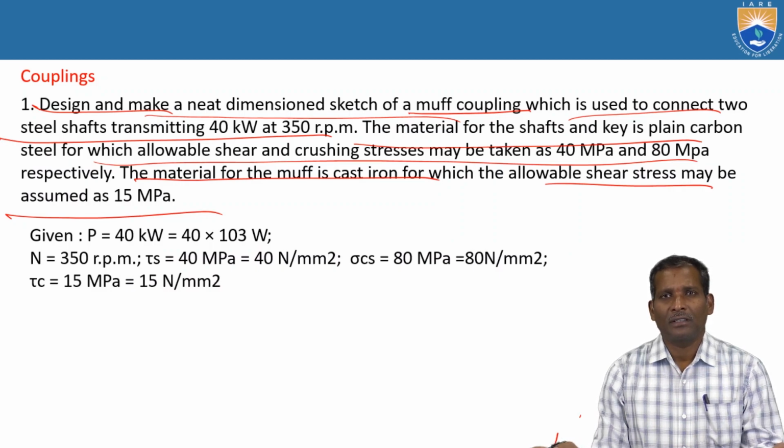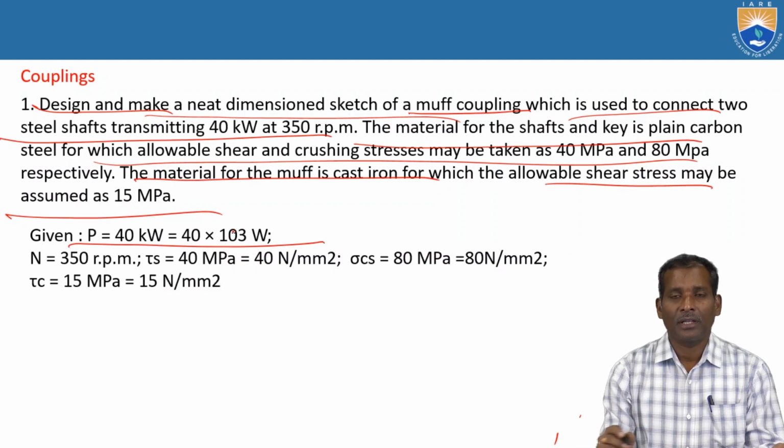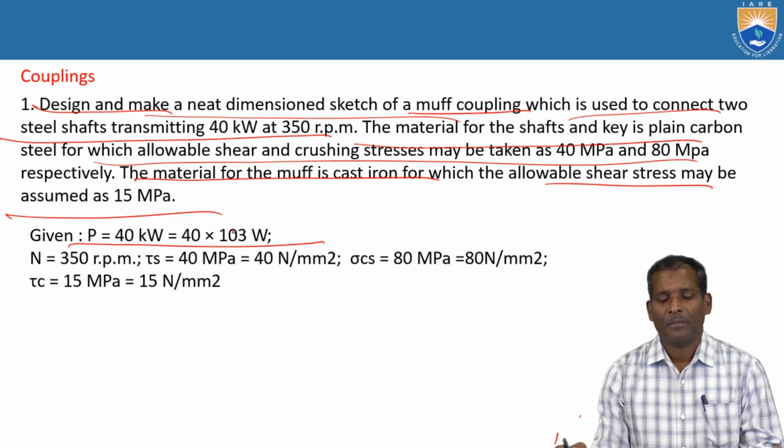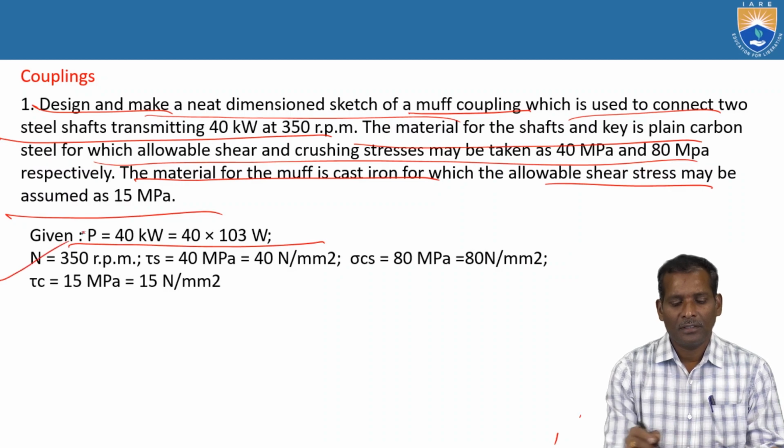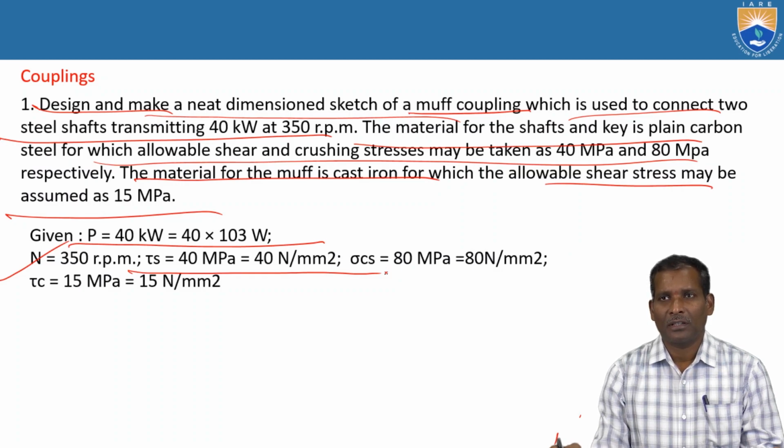First of all, the given data. For any design problem, first you need to write the given data. Power available is 40 kilowatts, converted into watts, 40 into 10 cube watt. Then 350 rpm. Shear stress 40 megapascal, converted to Newton per mm square.